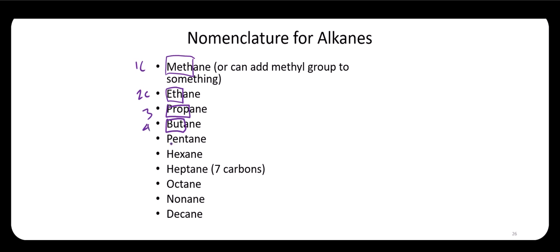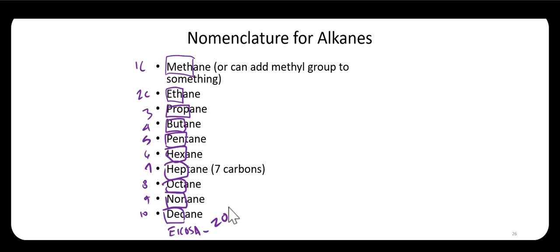But is 4. Pent is 5. Hex is 6. Hept is 7. Oct is 8. Non is 9. Dec is 10. Probably don't need it yet, but for the sake of your notes, icos is 20. So let me write 20 there.